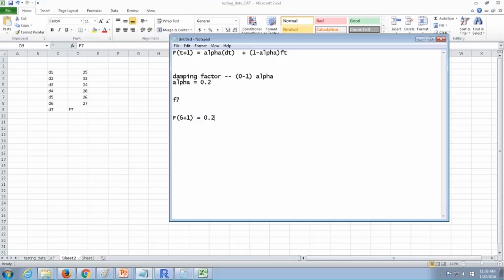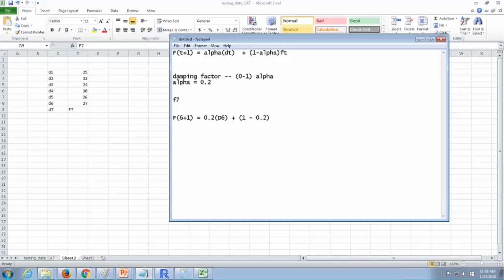It is 0.2. And what is Dt? What is t here? T is 6. So it will be D6 plus 1 minus alpha, which is 0.2.